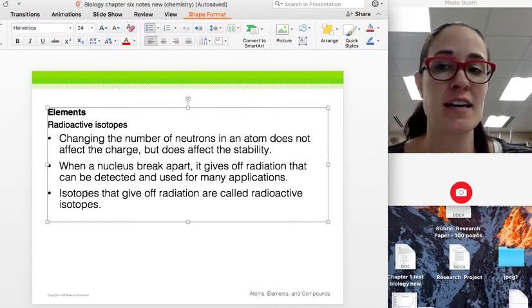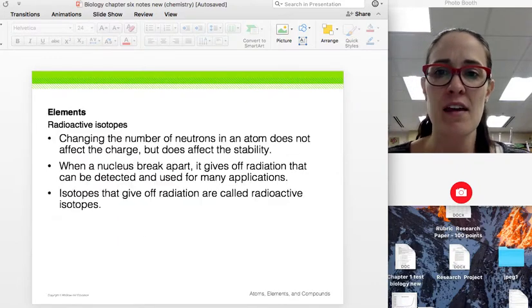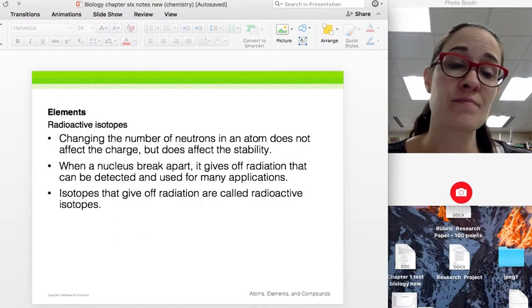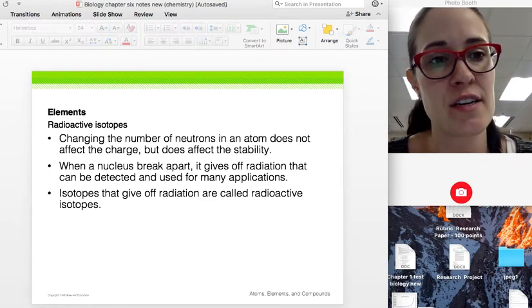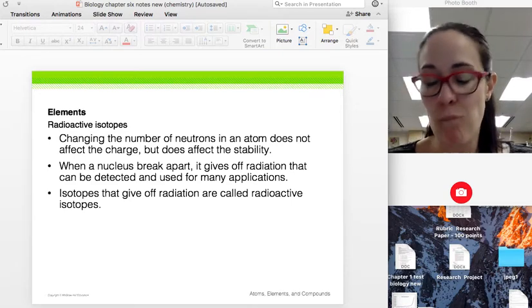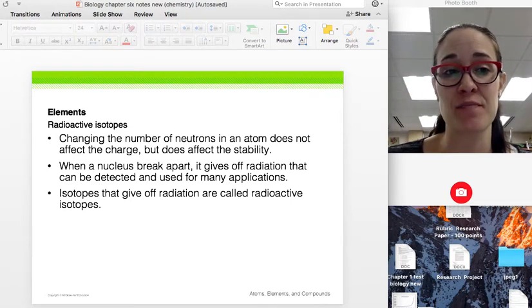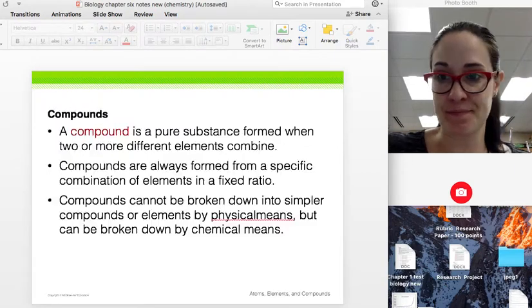And if an isotope does that, it's called a radioactive isotope. Radioactive isotopes are used in X-rays to produce visualization, so that's a good thing. But excess radiation can lead to cancer, so that would be a bad thing.